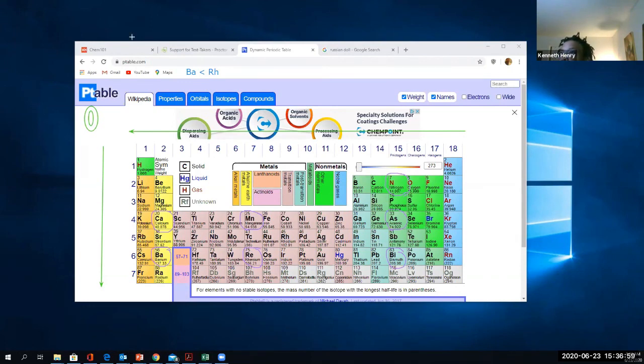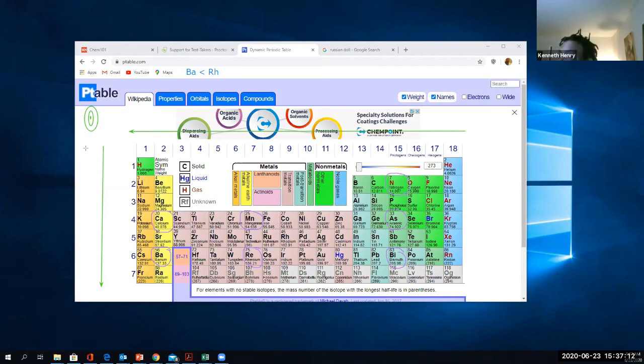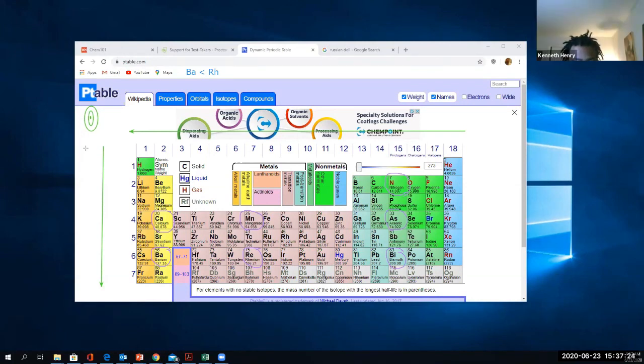Okay, so this is the center. So 7 is the biggest one. So who's going to be my smallest one? Hydrogen is going to be the smallest. Okay? Okay, piece of cake.